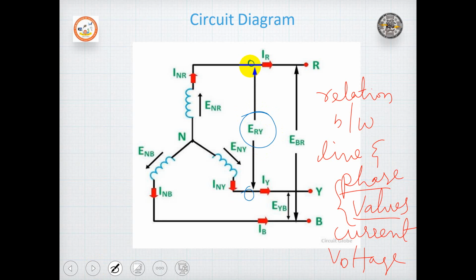So between this line, we have this voltage and this voltage. So what we can write now, ERY is equal to ERN plus ENY. I'm just interchanging ERN plus ENY. Correct. So if you observe here, this has to be changed as ENR.